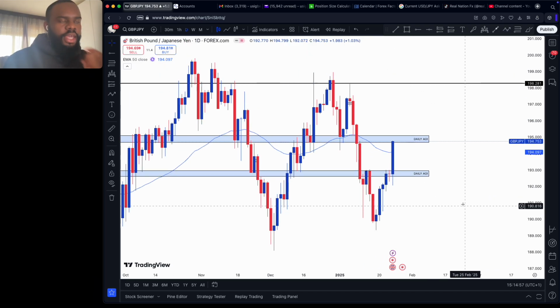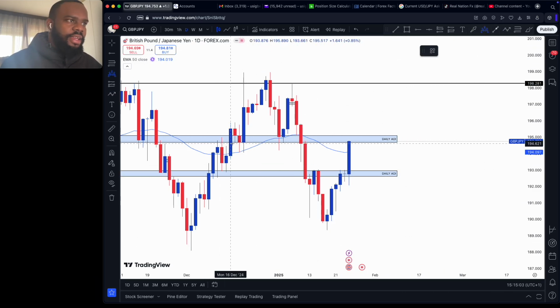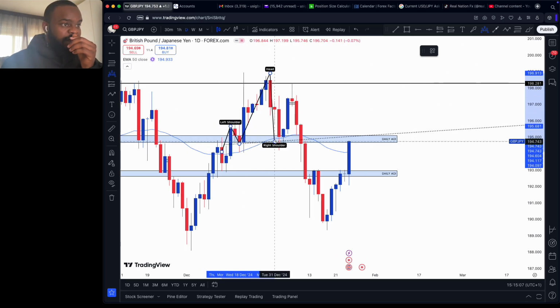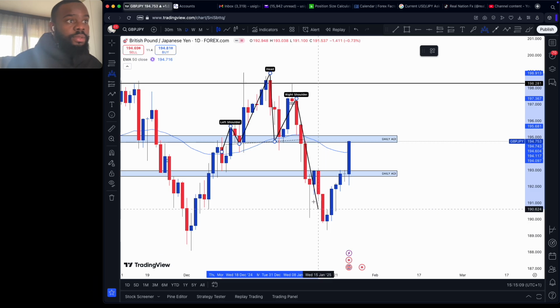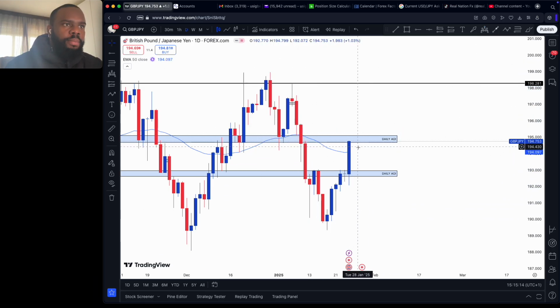Because what I'm seeing looks like a head and shoulders here. It looks so much like a reversal pattern. This is the breakout. So I strongly believe price is going to sell from here.